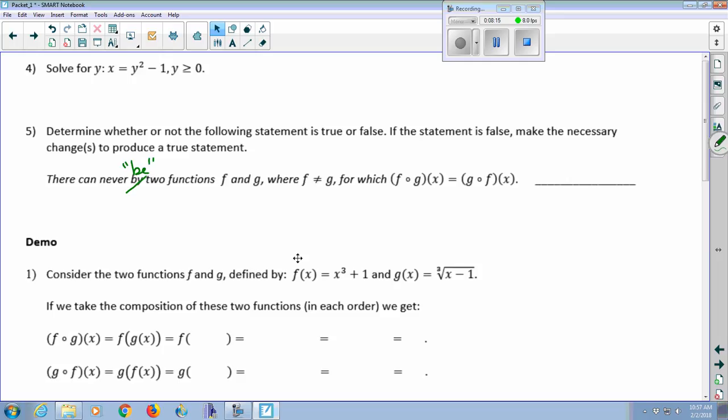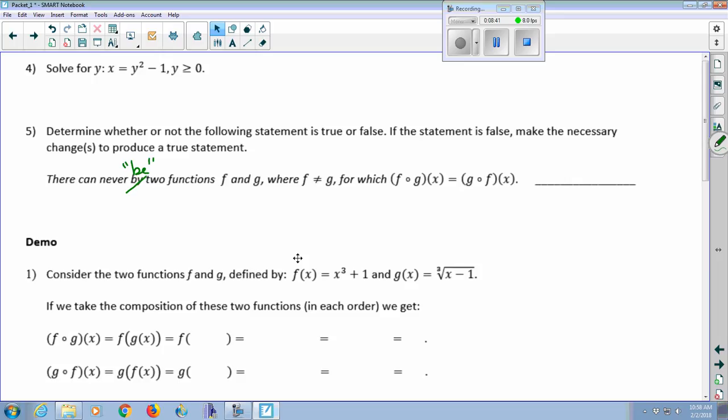There can never be 2 functions. Please, those of you who are like editors and you find these, let me know so I can fix them for the next time I teach the class. There can never be 2 functions, f and g, where if f and g are not exactly the same function, then when you compose them, f of g of x and g of f of x, they equal each other.